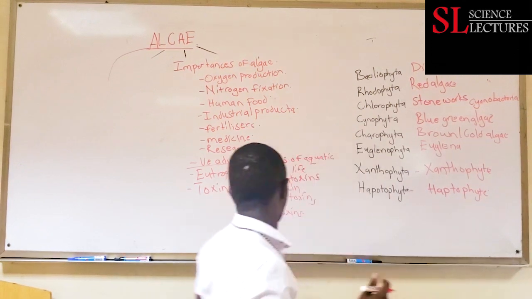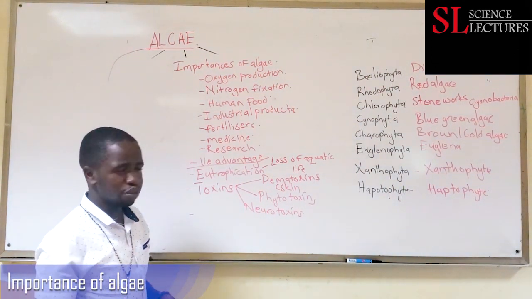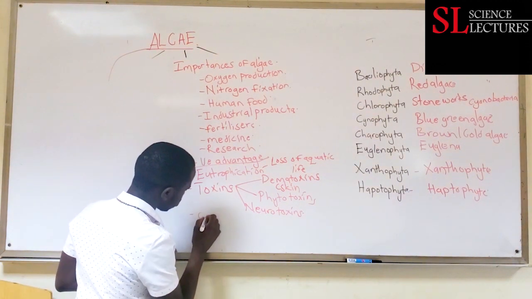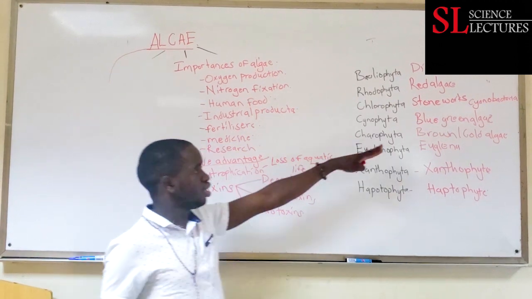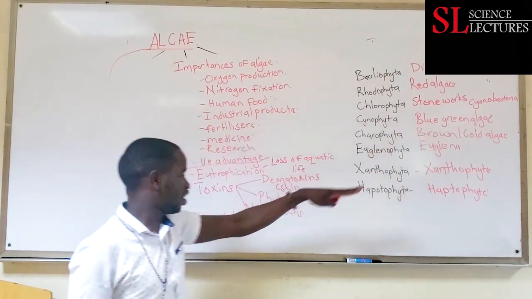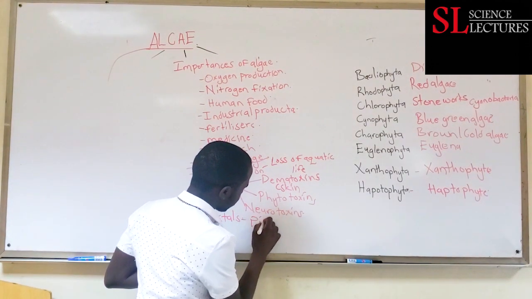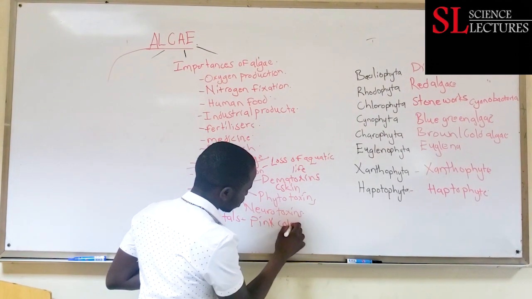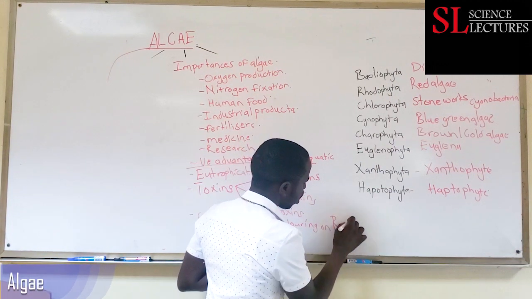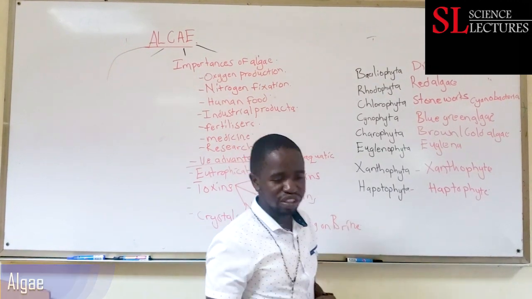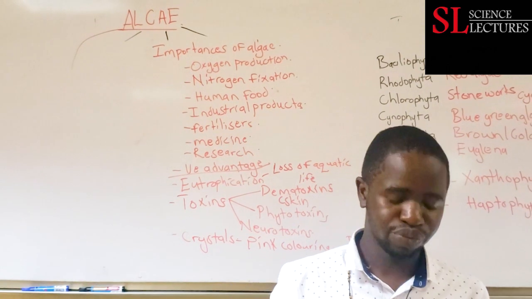Then lastly, this algae, especially in areas of soil preservation, it prevents formation of crystals. So this blue-green algae, in areas where they do salt preservation, it will form a pink coloring on brine, which is sodium chloride, but will prevent it from forming crystals as it is cooling down.